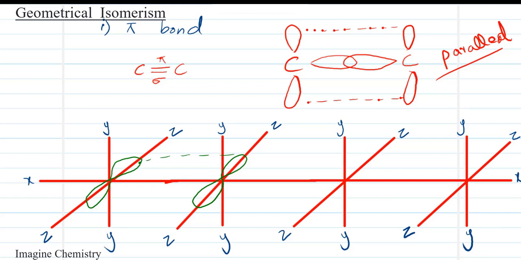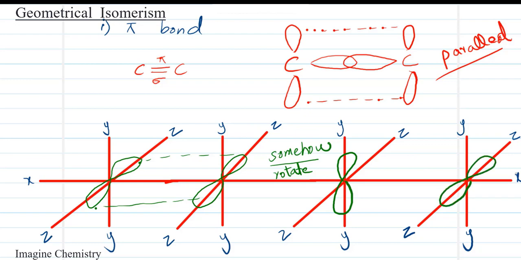So there are these interactions. Let's say you somehow rotate this bond. It's not possible, but somehow, with a superpower, you try to rotate this bond. What will happen is that the first p orbital reaches the y-axis, and the second p orbital stays on the z-axis, or somehow goes to the x-axis.